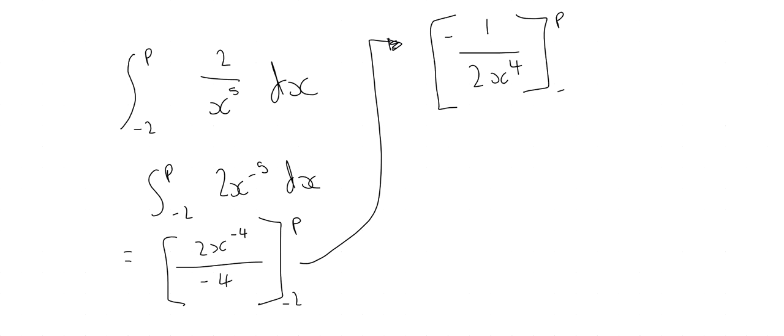Just like we did last week, we're going to shove those into this now. So I have -1 over 2 times p to the power of 4 minus 1 over 2 times -2 to the power of 4. Now, I want you to think practically about numbers. When you have a fraction, which number is bigger?